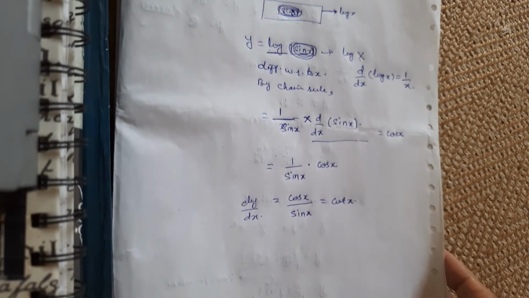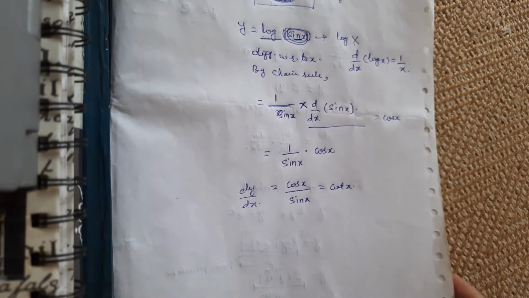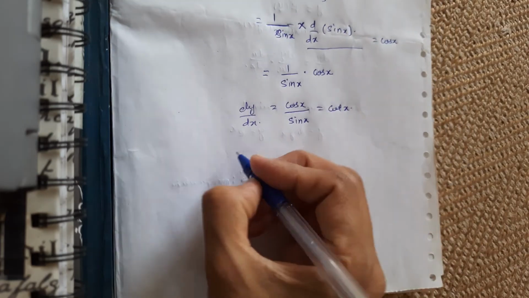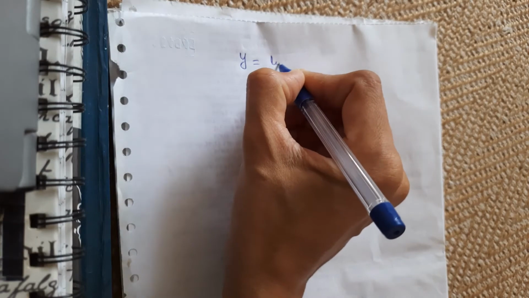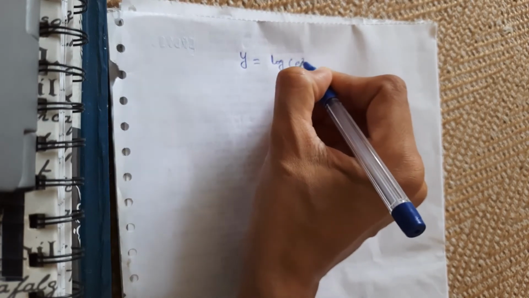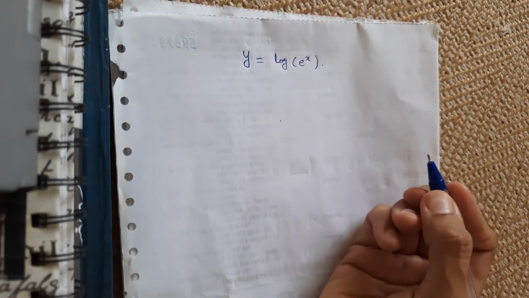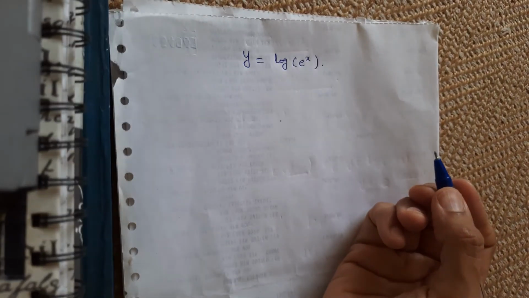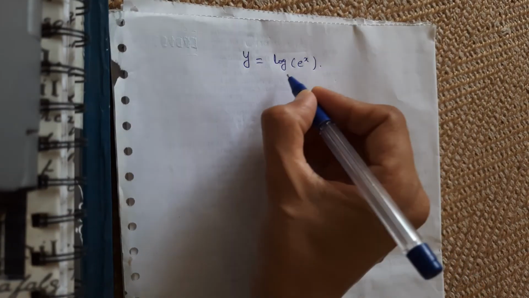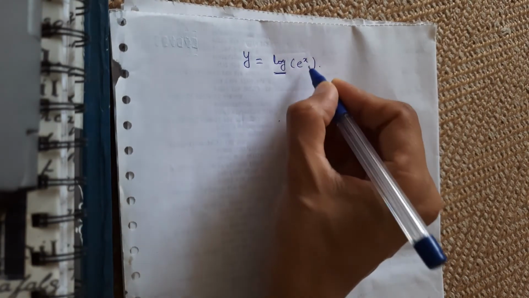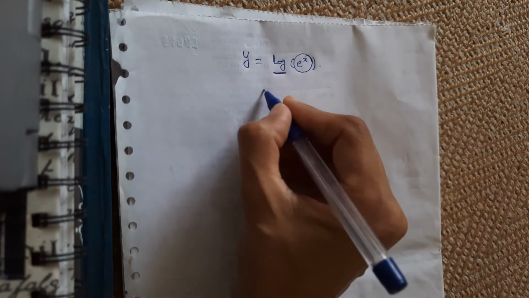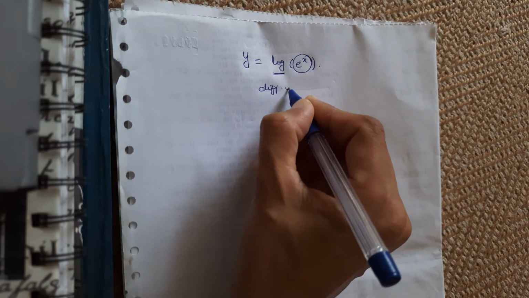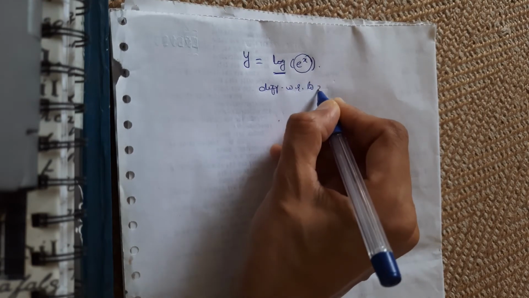Okay, don't get confused, it is very simple, it is very easy. Let's take another example. Suppose y equals log of e to the power x. First of all, identify your inner and outer function. My outer function is log x and the inner function is e to the power x. So I will differentiate it with respect to x.